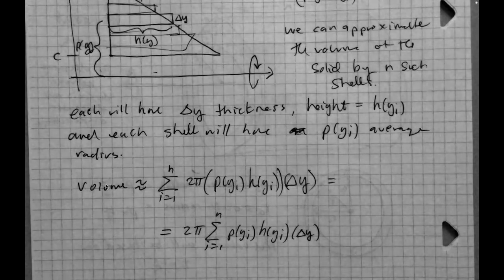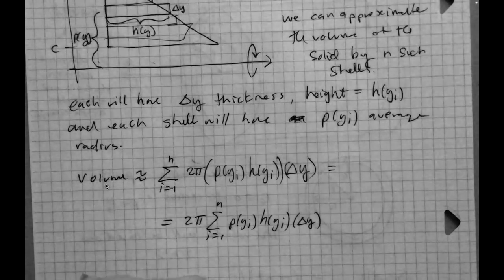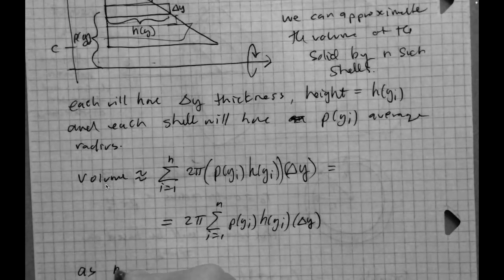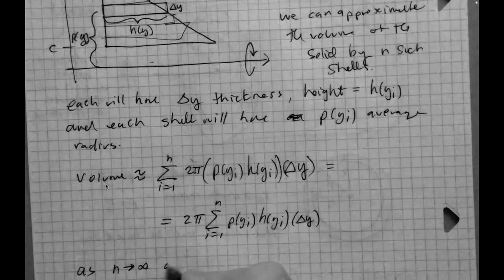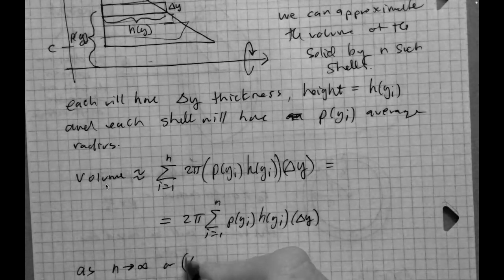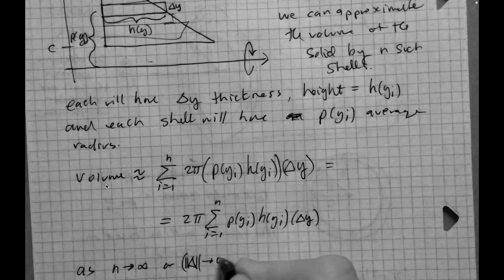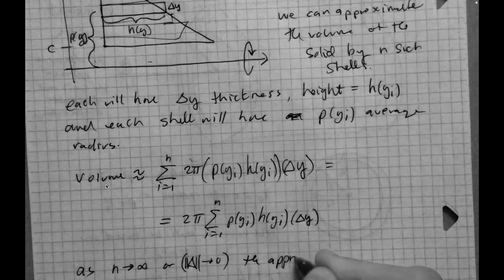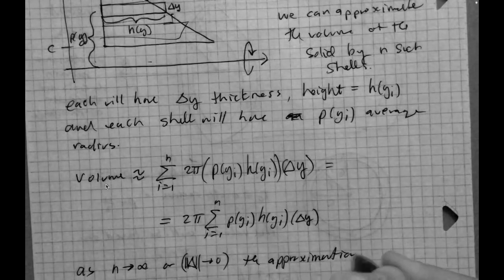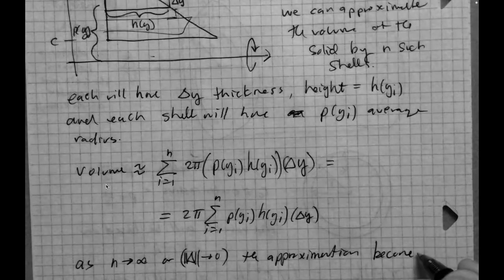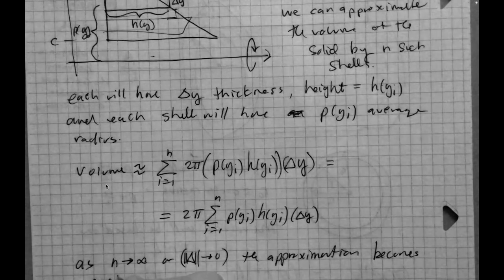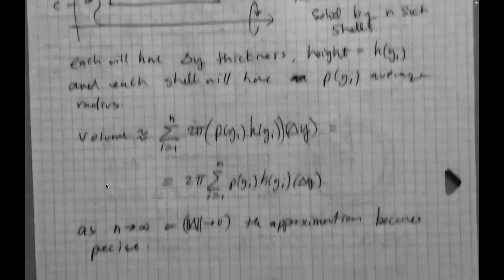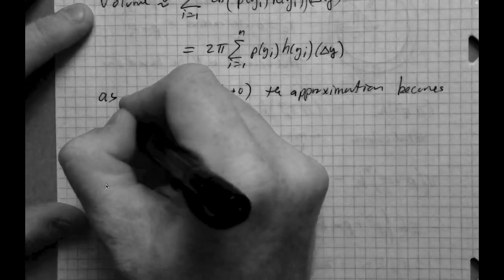Well, as n goes to infinity, or as the norm of the partition goes to 0, the approximation becomes precise.